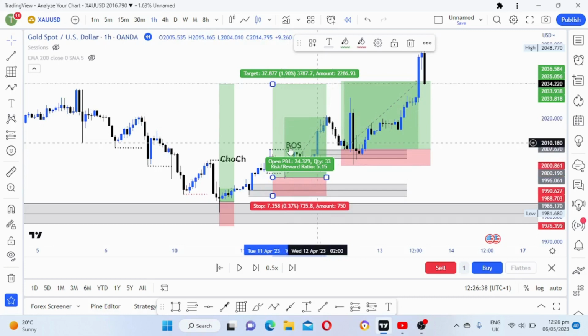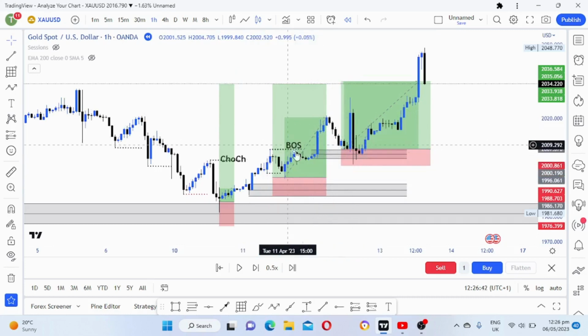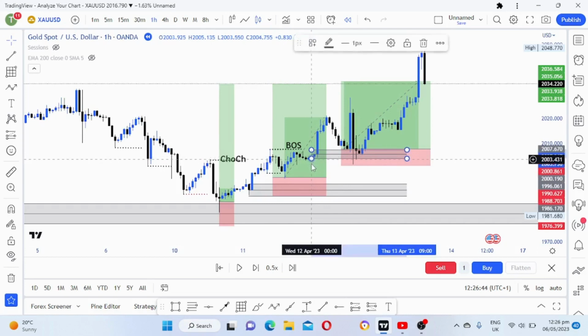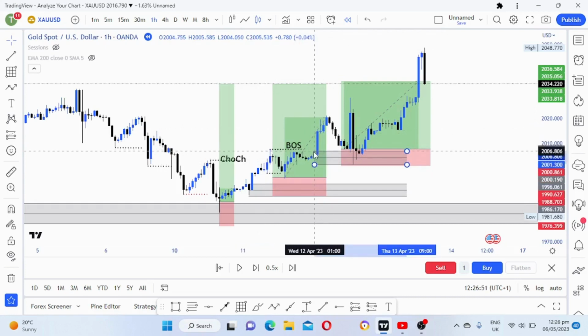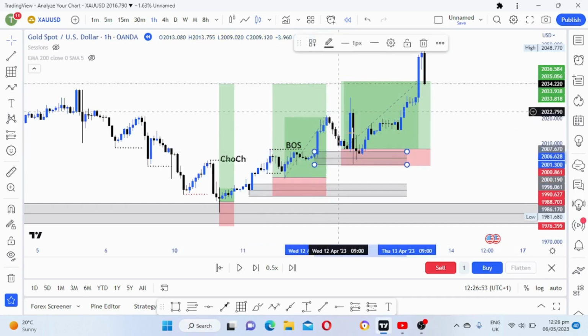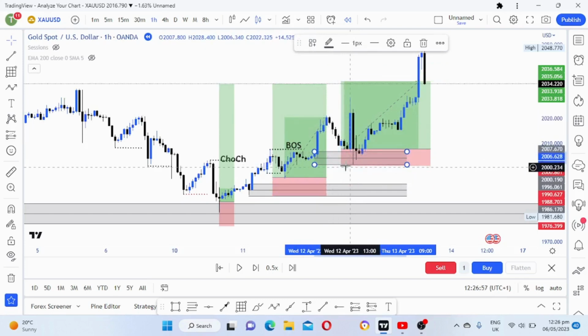We break structure now. After breaking structure, we came back, and then we draw a demand zone here. Price came back, tapped in this area, and then we bought.